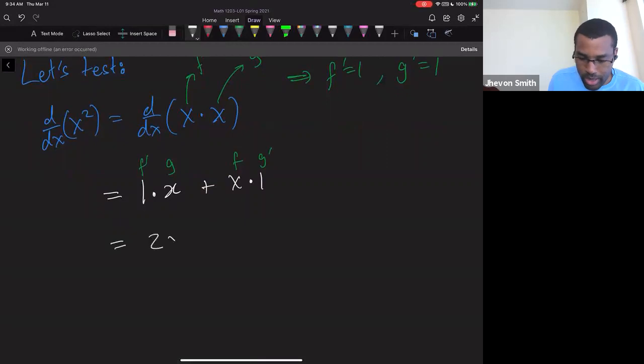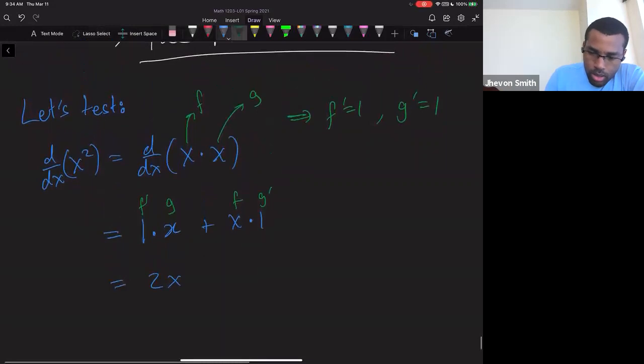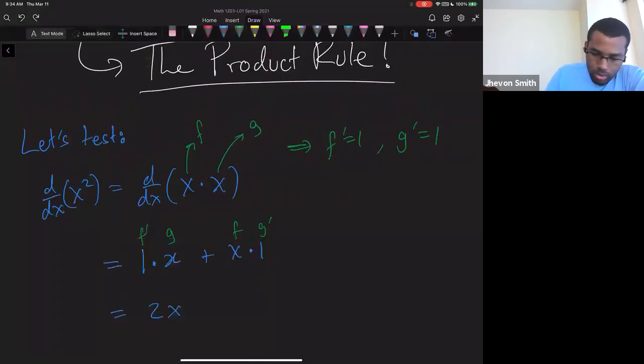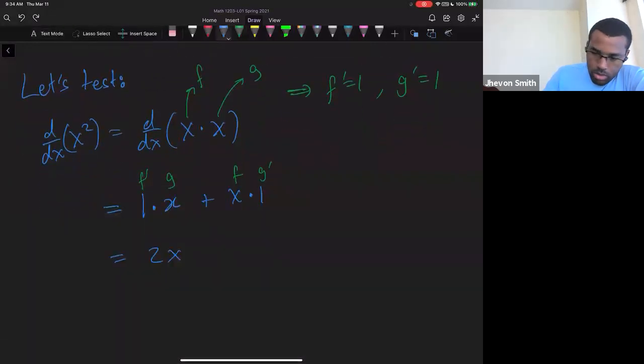And hey, you get 2x, which is the right answer, right? Now, of course, you would never actually differentiate x squared like this, but it's good to know that it's actually consistent with something that we already know to be true.